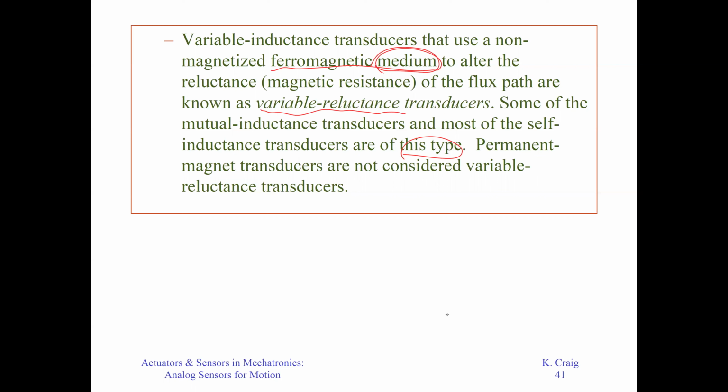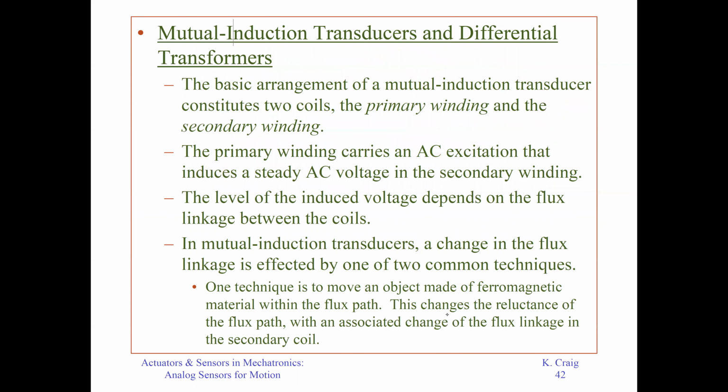So if somebody tells you the permanent magnet, the PM transducer, is variable reluctance, just tell them this is not correct. The PM transducer is not variable reluctance at all, okay? So we're going to first focus on the mutual inductance transducer and talk about the differential transformer, okay?